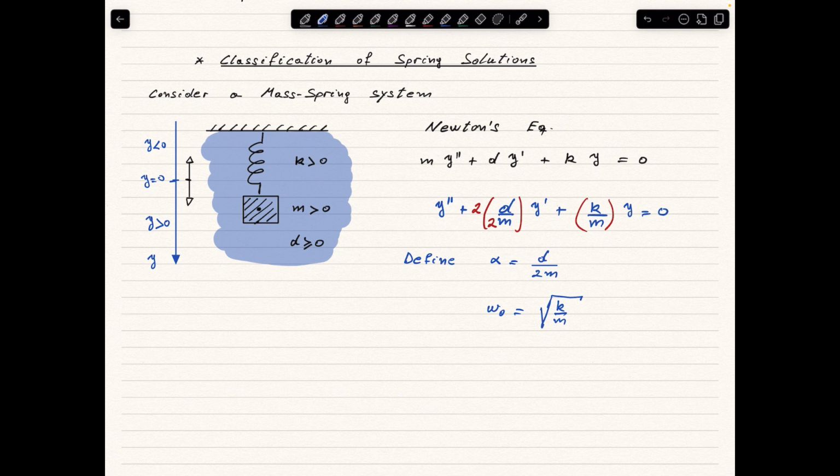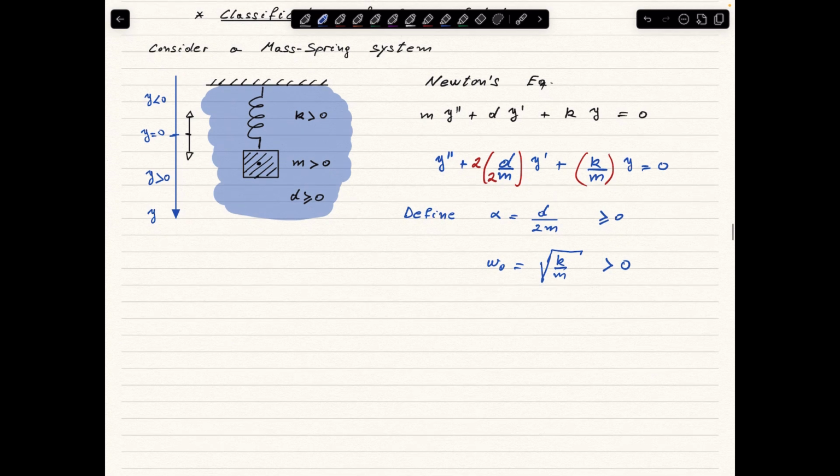Because alpha and omega 0 are going to show up when we compute the roots of the characteristic polynomial of Newton's equation. Notice that alpha is greater than or equal to 0. Alpha is essentially a measure of the friction coefficient per unit mass, and omega 0 is measuring how strong the spring is, again per unit mass, and this is positive.